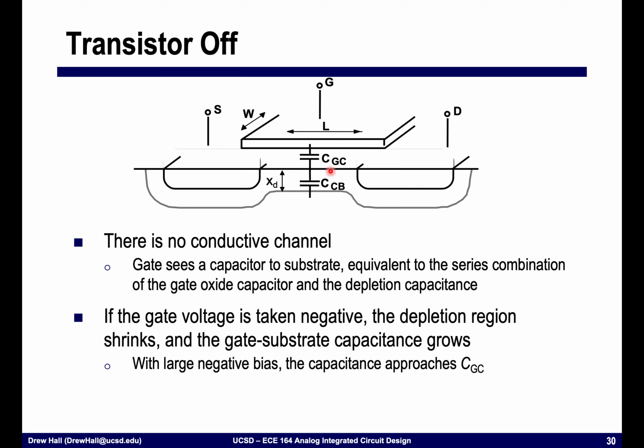I would simply calculate these two values, CGC and CCB, and then find the series capacitance. This CCB is a depletion capacitance, and so we need to know the voltage in order to calculate the depletion width. You can also move around exactly how much depletion I have depending on the voltage, and with a large negative voltage bias, this capacitance will essentially go very small, and so the total capacitance will simply approach CGC.